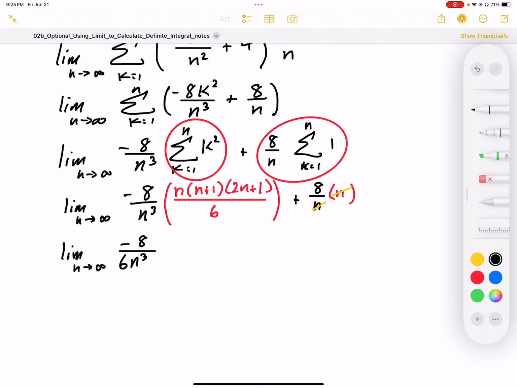And then this is going to expand out to 2n cubed plus 3n squared. When I FOIL the binomials out, multiplied by n, plus 1 times 1 is 1, times n is going to give me the n here. That's all going to be over 1. I might as well leave that 6 in here.